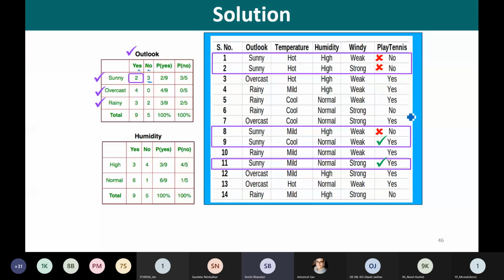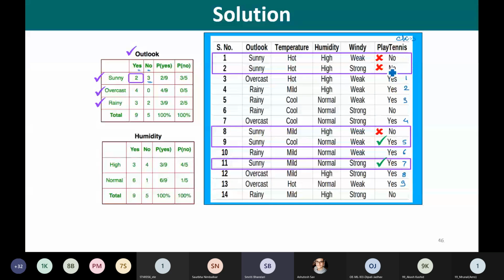Let us count the number of instances with play tennis value as yes. This is our class, right? We have 1, 2, 3, 4, 5, 6, 7, 8 and 9. So we have 9 instances with play tennis value as yes. So obviously the remaining 5 instances have the play tennis value equal to no.